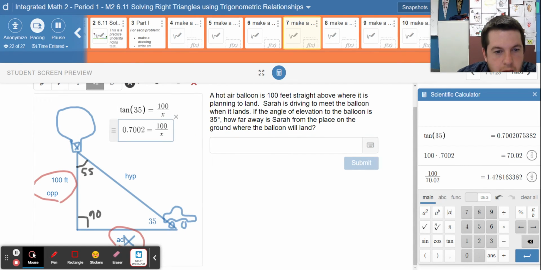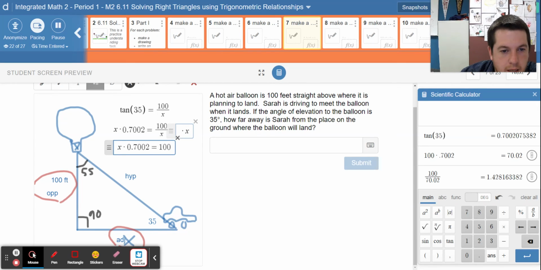So in this case, 100 is being divided by x. So what I need to do is multiply both sides of my equation by x. So to multiply both sides of the equation by x, I get x times 0.7002 equals 100.